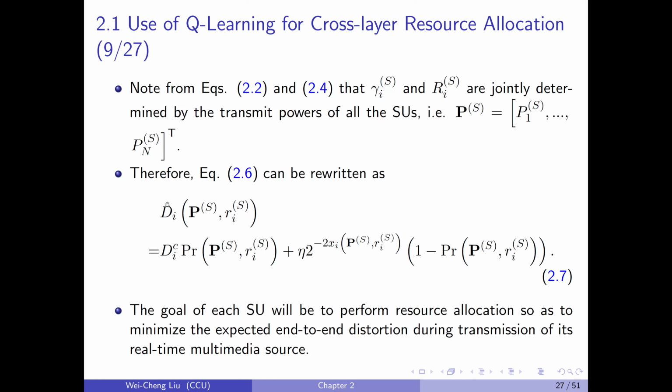So the end-to-end distortion can be expressed as this function.